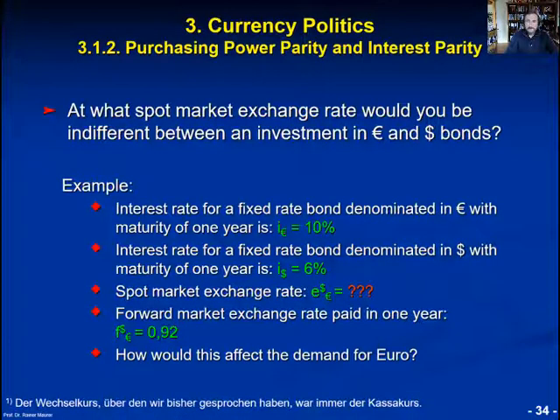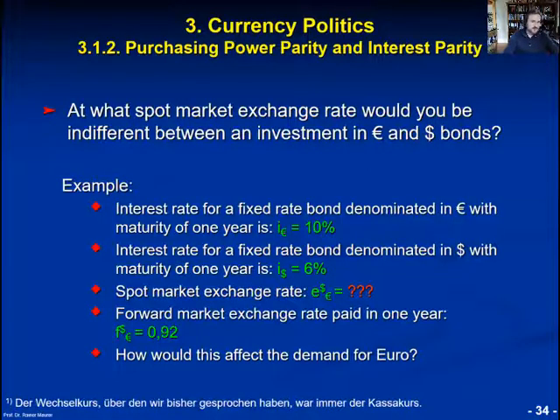Instead of undertaking more numerical trials, we can also calculate the equilibrium value of the spot exchange rate directly. At what spot exchange rate would you be indifferent between an investment in euro and dollar bonds?